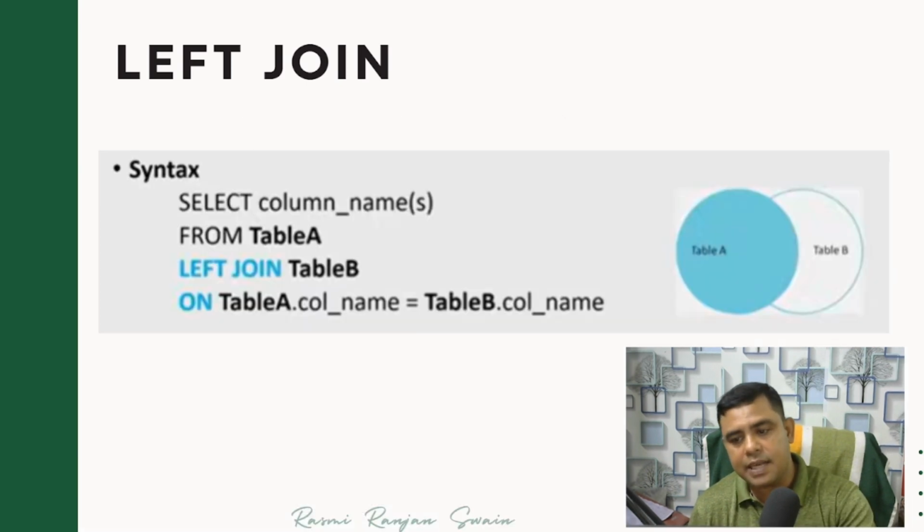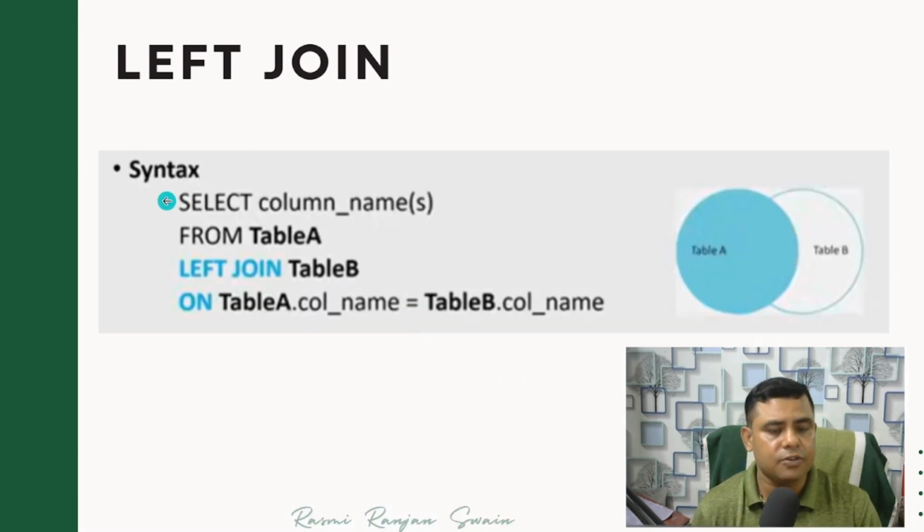So what is the syntax here? Same you can use: select column name from table A left join table B on table A dot column name equal to table B dot column name. Already we have discussed that there must be a common column whenever we are going to combine any tables.